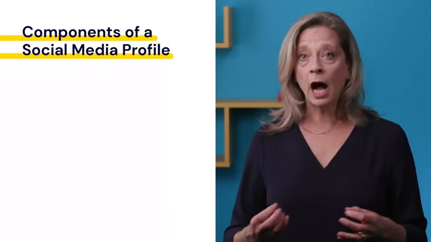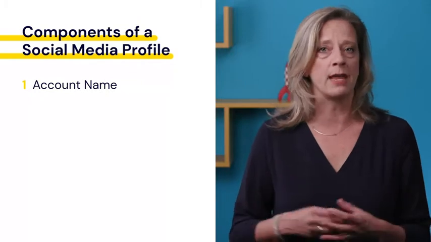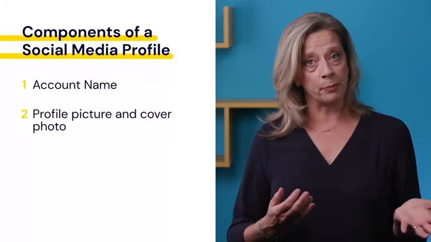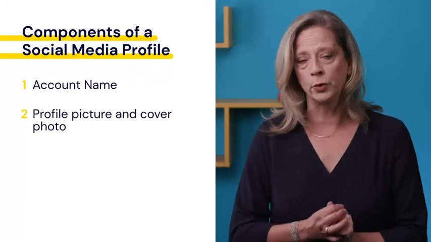While profiles differ a bit depending on the social media site you choose, they typically consist of 5 elements, and we'll go over each one of those in more depth later, but here they are. First, there's an account name, or sometimes called a username. Second, a profile picture and sometimes also a cover photo.